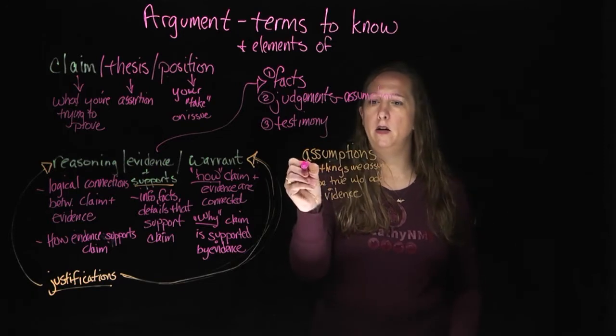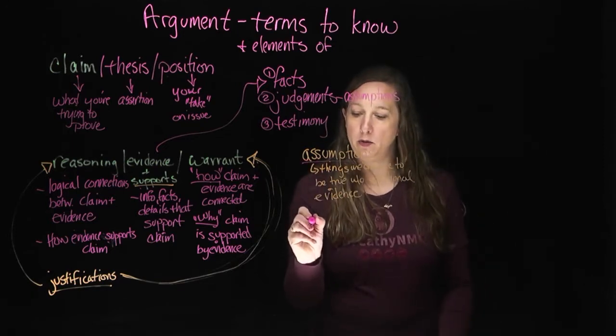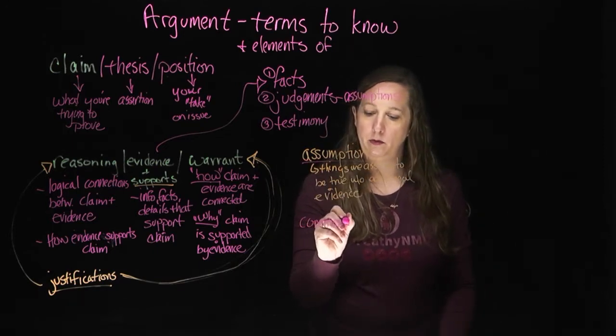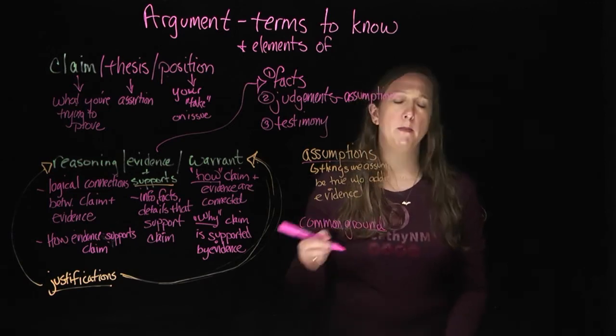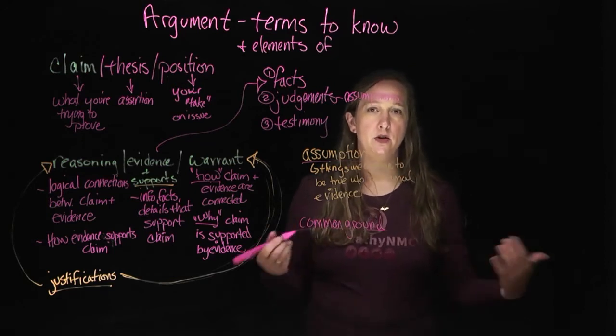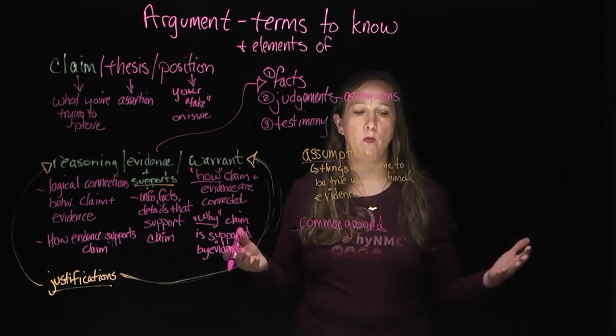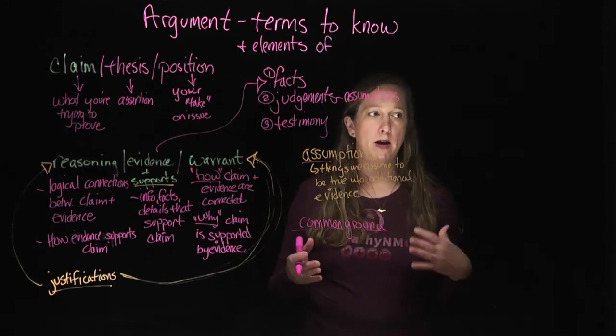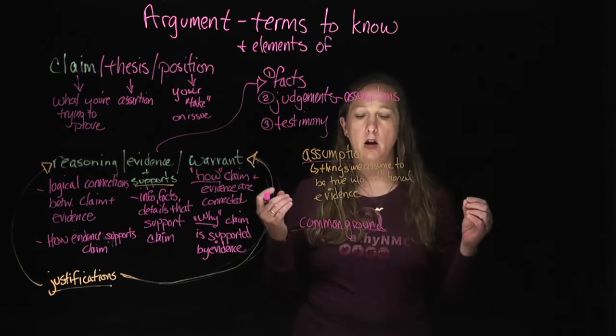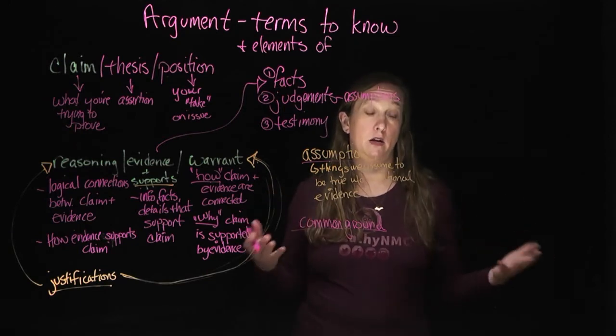You might hear the term common ground. Sometimes in argument, common ground is what we're trying to get to. We're trying to get to a place where we can mutually agree upon a compromise or an agreed on position that we all can support.